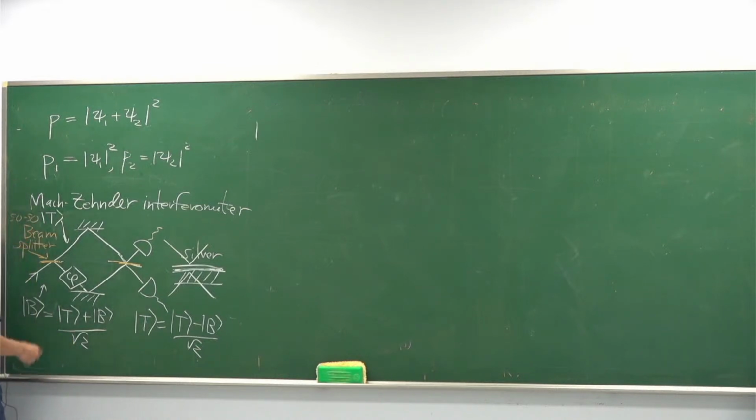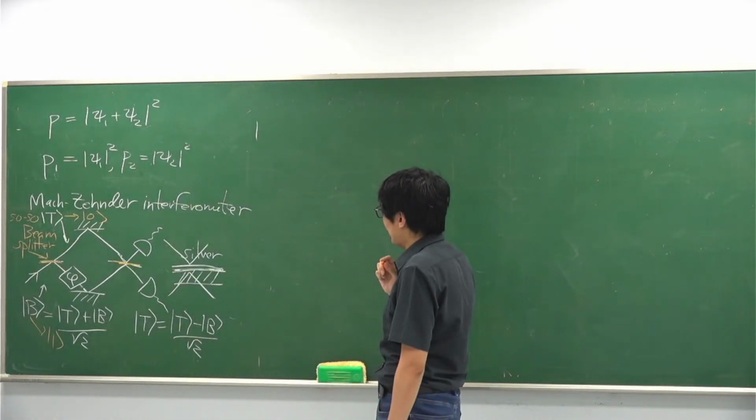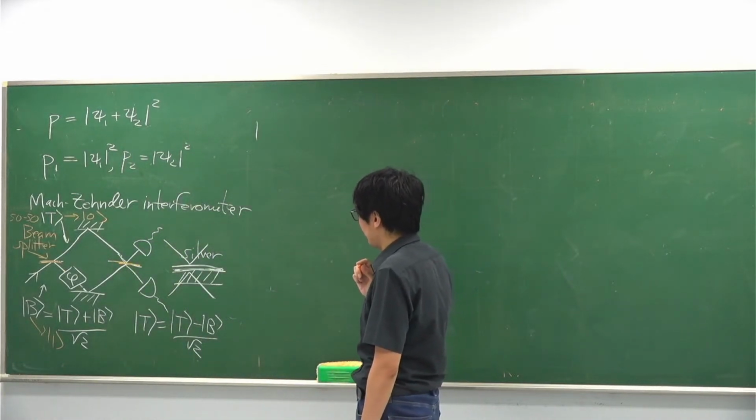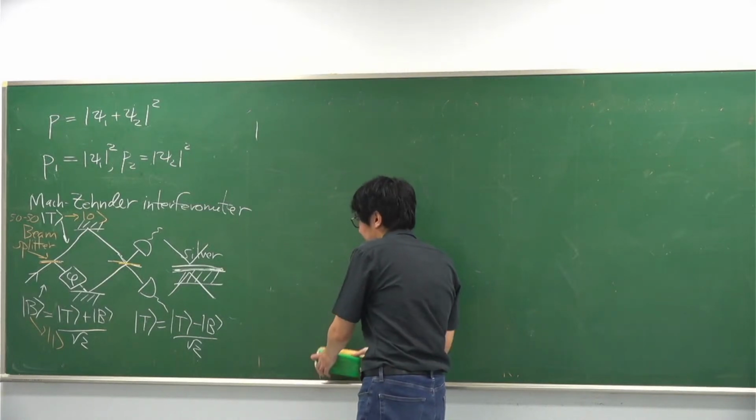So let's write this. The point is that you can think of this as a system of one qubit, right? Because you have two orthogonal states here. And so let me label the states in the way that we are used to. Maybe I want to shuffle things around for convenience.